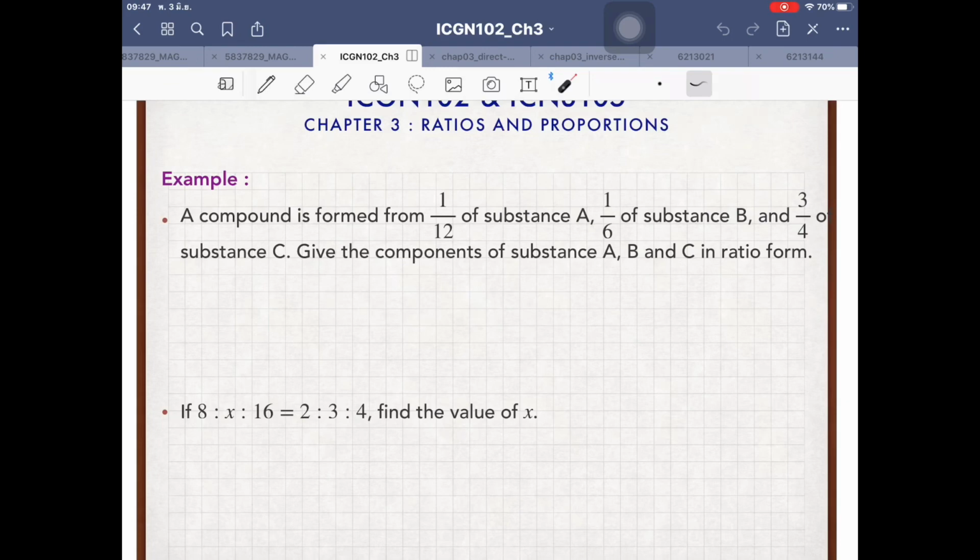Then let's give the components of the substance A, B, and C in the ratio form. Okay, so here we can say that the amount of substance A to B and then to C.